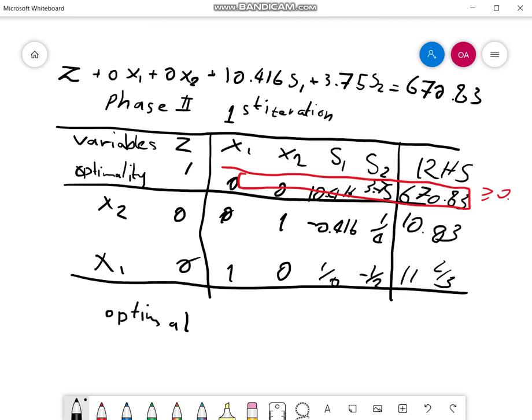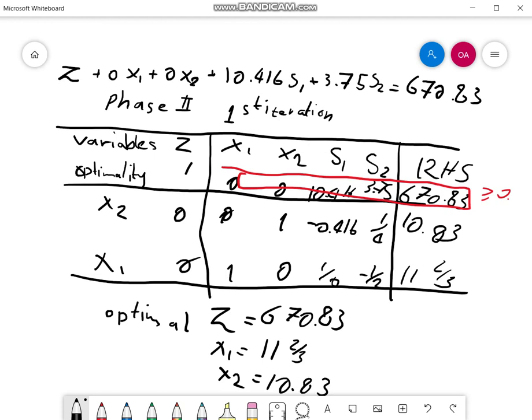So I have reached the optimal condition. Originally it was a minimization problem, so the result is a minimization, with x1 equal to 11 and 2 over 3, and x2 equal to 10.83.